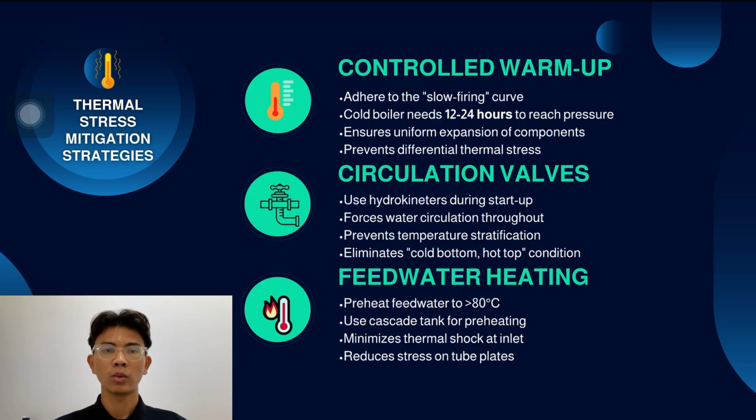This forces water circulation to prevent temperature stratification, basically eliminating the cool bottom, hot top condition. Third, feed water heater. We should preheat feed water to above 80 degrees Celsius using a deaerator tank to minimize thermal shock at the inlet.